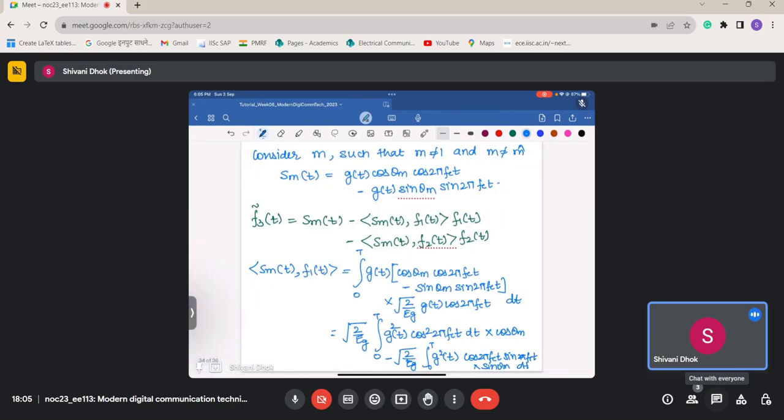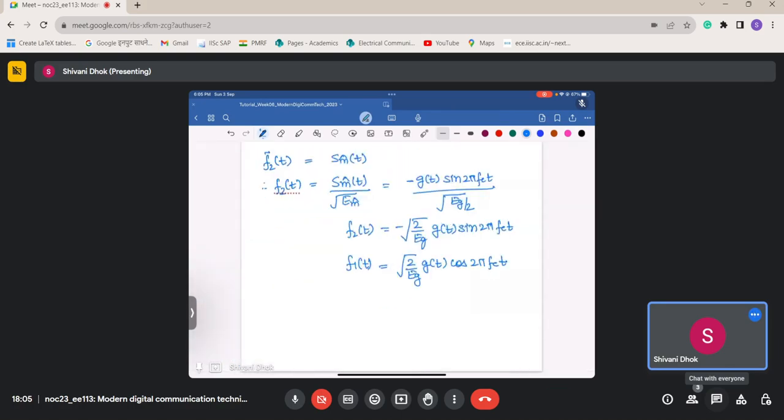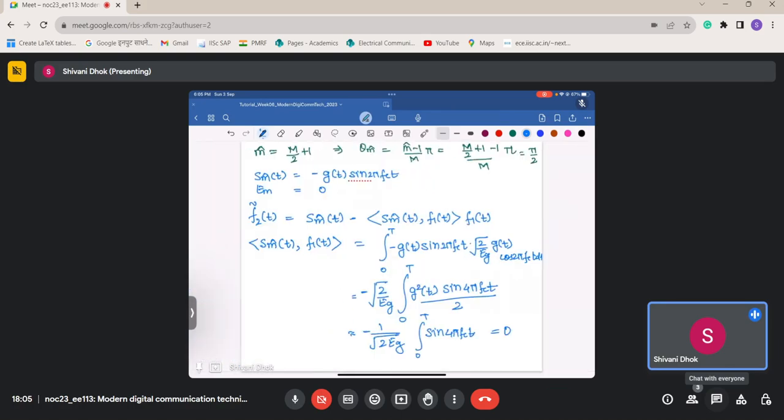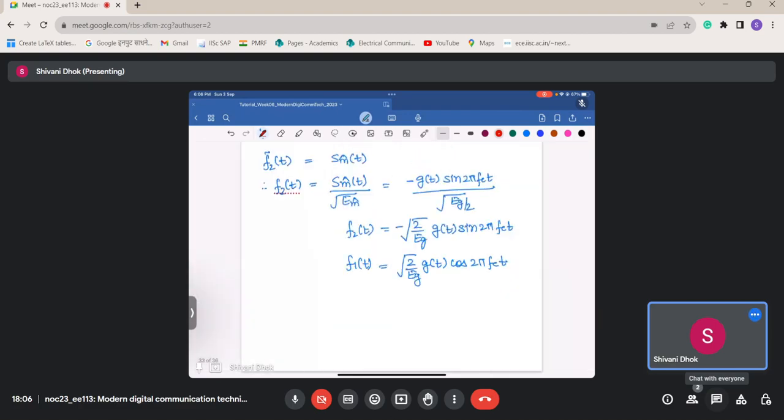Now we have seen here that this integral, that is g square t, if I rewrite this integral, this is basically equal to minus root 2 by Eg integral 0 to T g square t sine 2 pi fct multiplied by cos 2 pi fct dt, and we have shown that this integral is equal to 0.